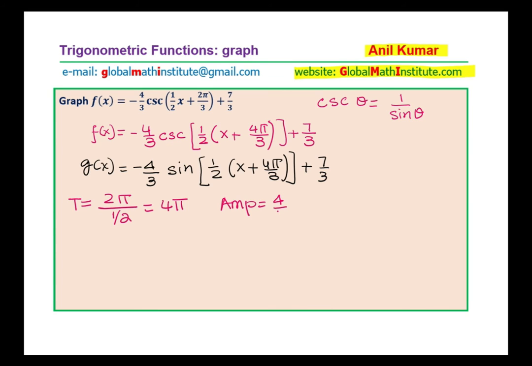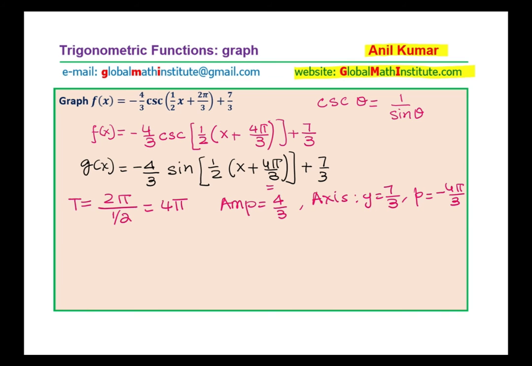It's always the positive value. And what is the axis? The axis for the sine graph is y equals 7 over 3. And we have a phase shift. We'll write lowercase p here as minus 4 pi by 3, so that means it moves left by 4 pi by 3.